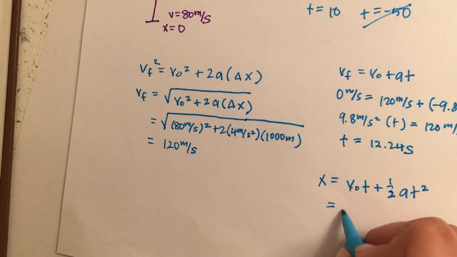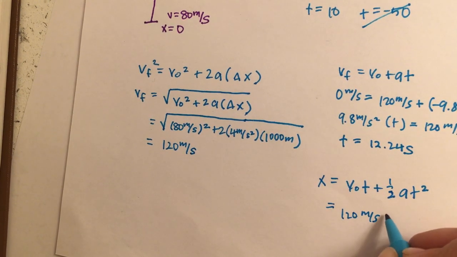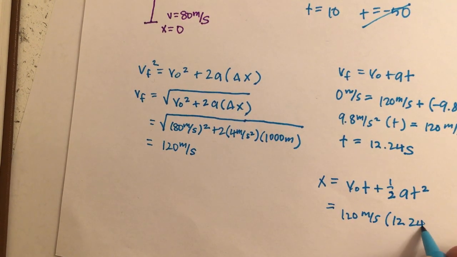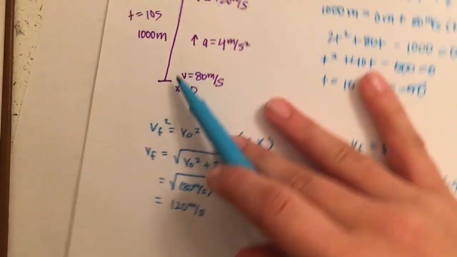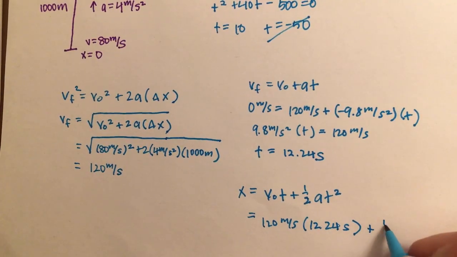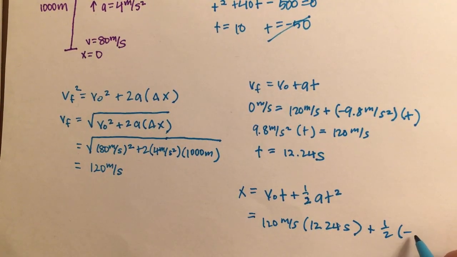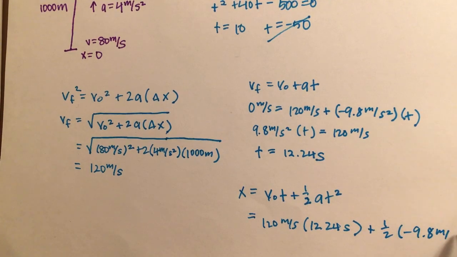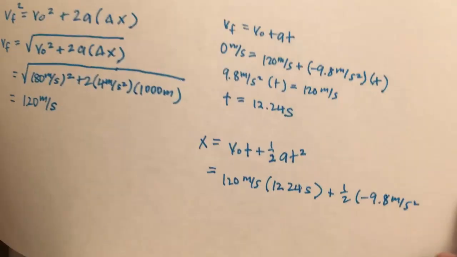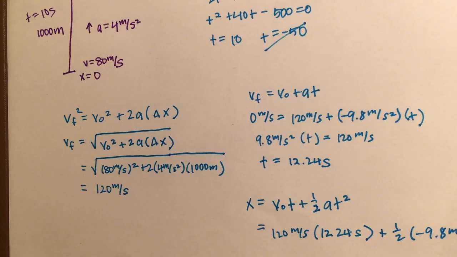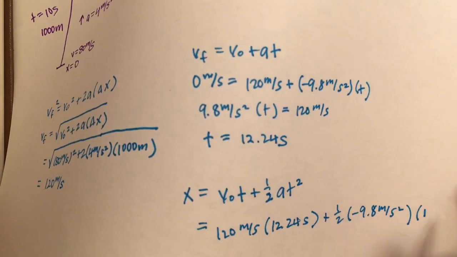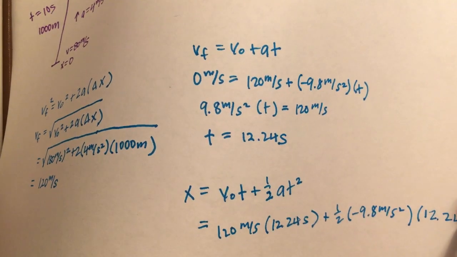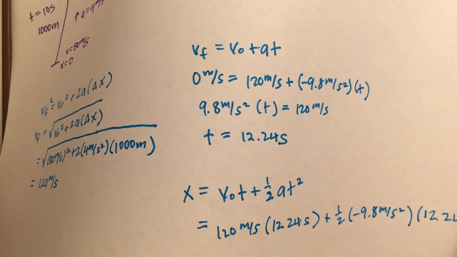And so the initial velocity was 120 meters per second times 12.24 seconds, since it took 12.24 seconds over here, plus 1/2 times negative 9.8 meters per second squared, since the acceleration is the acceleration of gravity, and the time is 12.24 seconds squared.